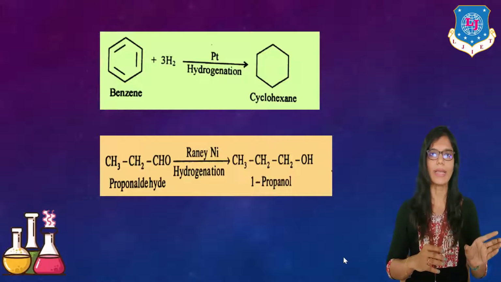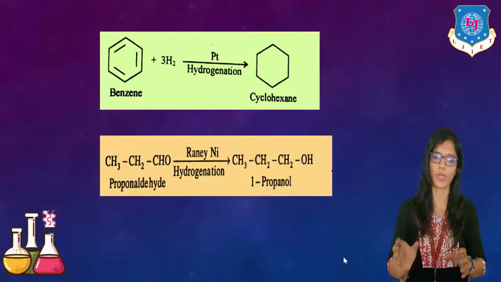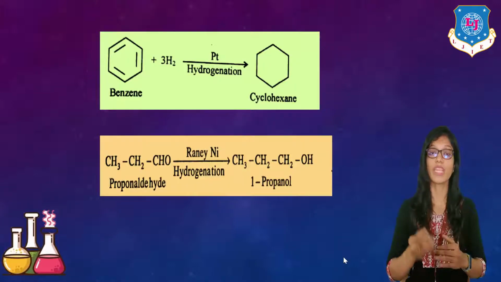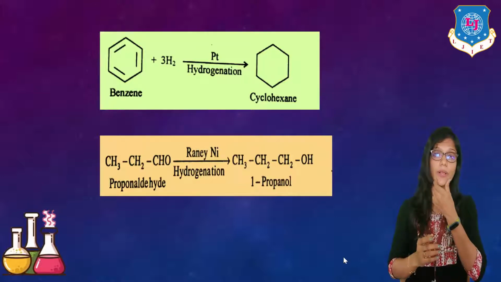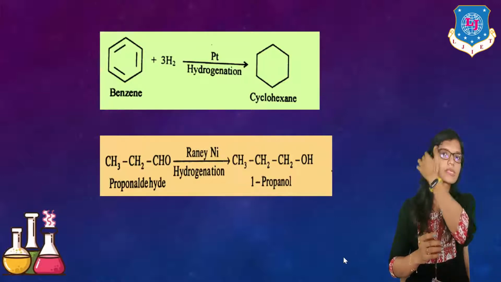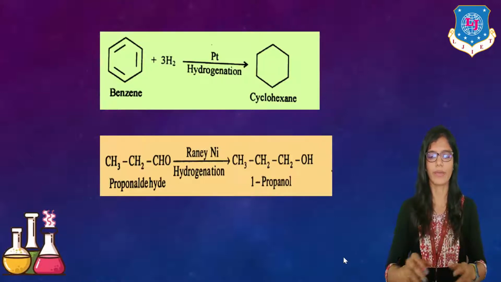So propanaldehyde gets converted into 1-propanol. As you can see here, addition of hydrogen is done. That's why it is known as hydrogenation. Generally it will be done in the presence of specific catalysts only.